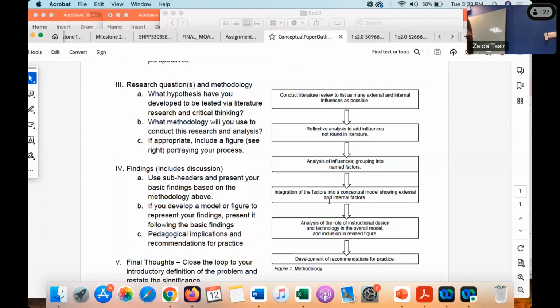So no data, but you can still produce an article while waiting for you to collect your data, during semester 4 or semester 5. So that is what I can share about producing research with data, without data, and also a concept-based article.